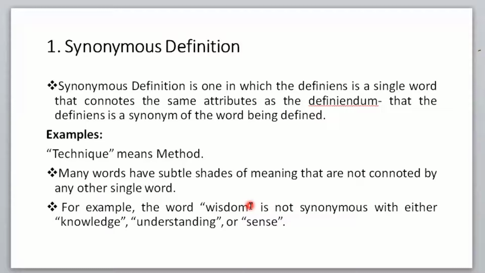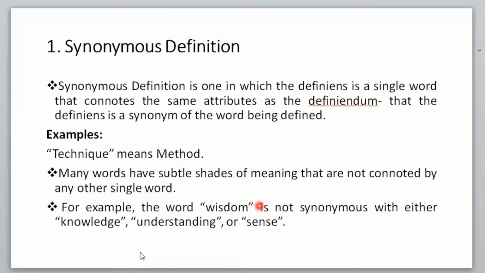It has many detailed attributes, so it is difficult to find words that substitute or that we can use as a synonym with wisdom. For example, the words knowledge, understanding, or sense cannot replace it. They are not synonyms of wisdom.